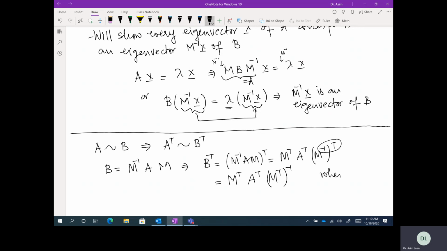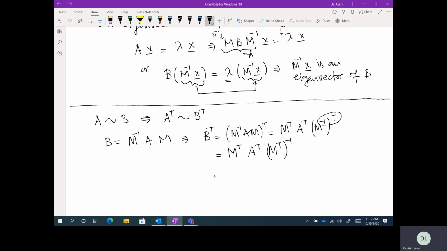So this is equal to Q inverse A transpose Q, where Q inverse equals M transpose.